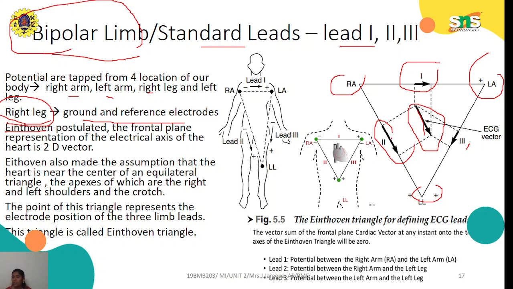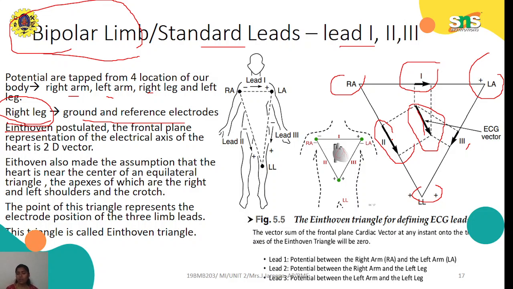So this lead 2 is going to give more valuable information, since it is similar to the cardiac vector of the heart. Okay, so that is the reason lead 2 is highly recommended compared to lead 1 and lead 3, whereas for lead 1 and lead 3 the magnitude of the cardiac vector is very small compared to the actual cardiac vector of the heart. Okay, so that is the reason lead 2 is recommended.